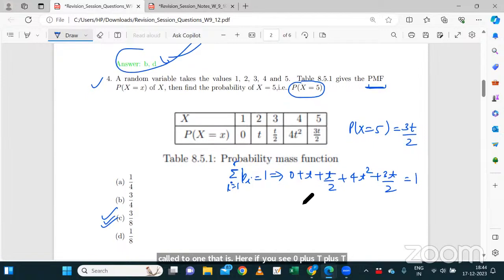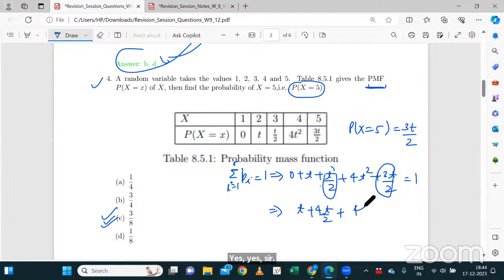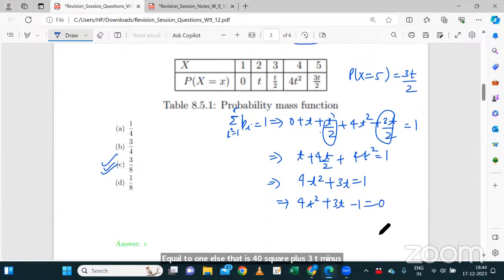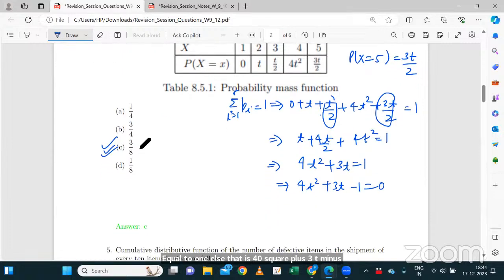Now t by 2 and 3t by 2 make 4t by 2, plus 4t square equal to 1. So it will be 4t square plus 2t plus... 3t equal to 1. That is 4t square plus 3t minus 1 equal to 0. Option number C is correct.